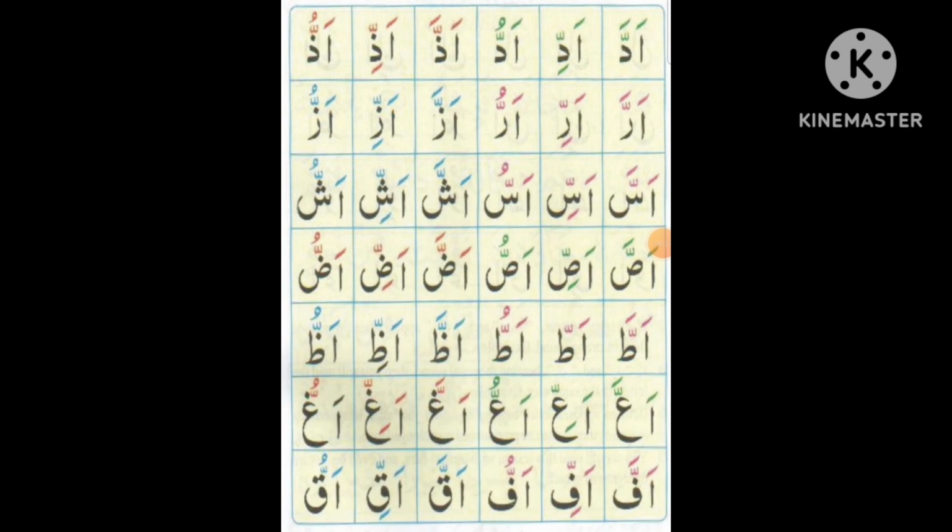Assa, assi, assu, adwa. See, now these are the heavy letters. The heavy letters should sound heavy even if they are duplicated. Adwa, adwi, adwu, atwa, atwi, atwu, adwa, adwi, adwu.